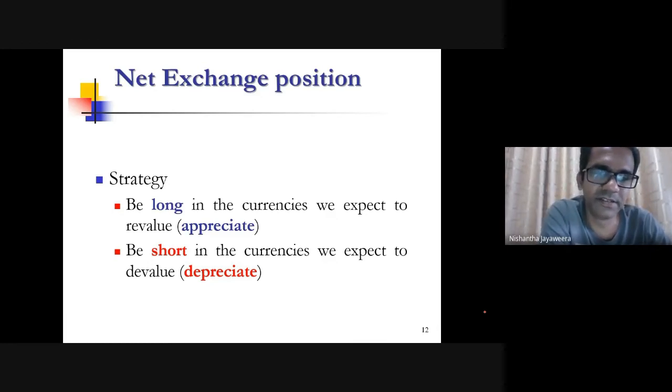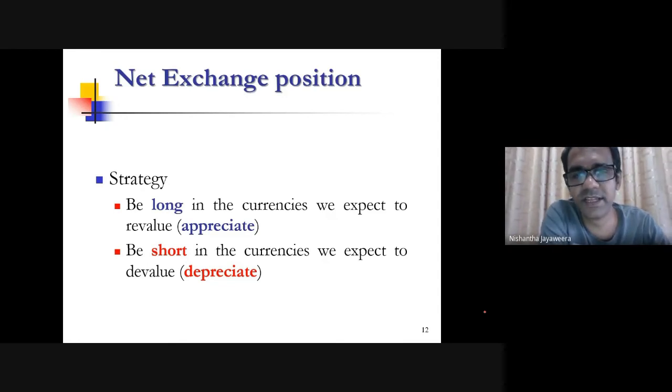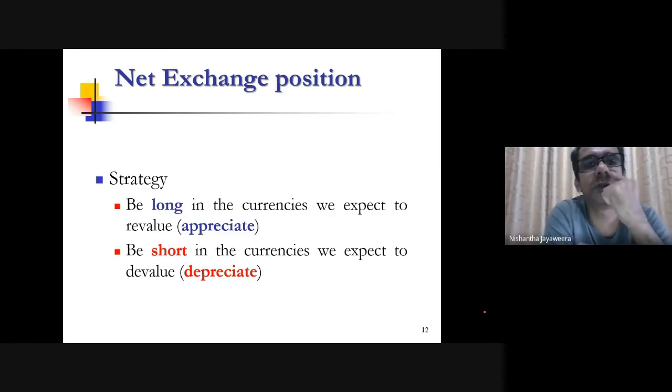But again, instead of depreciating, if it appreciates, then you make a loss. That's the strategy you would follow depending on your view. If you think foreign currency will appreciate, then you should go long. If you think foreign currency will depreciate, then you should go short. That means have more liabilities than assets. Is it clear? Yes, sir.